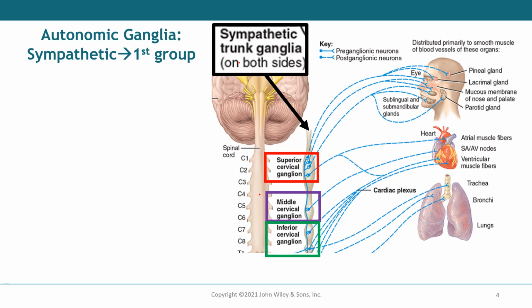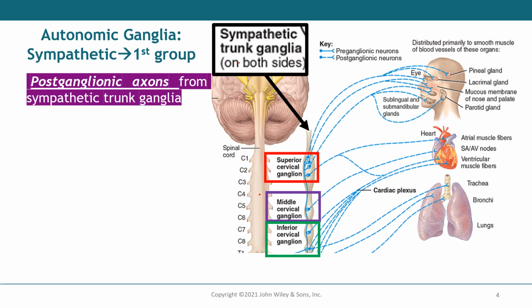So just to remind you, the main idea of this slide was to talk about the autonomic sympathetic ganglia, the first group that is located here on the top of the sympathetic trunk ganglia.